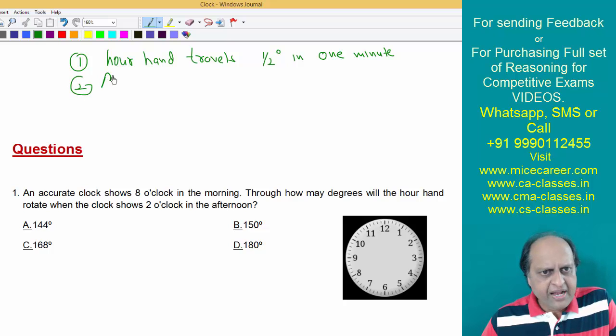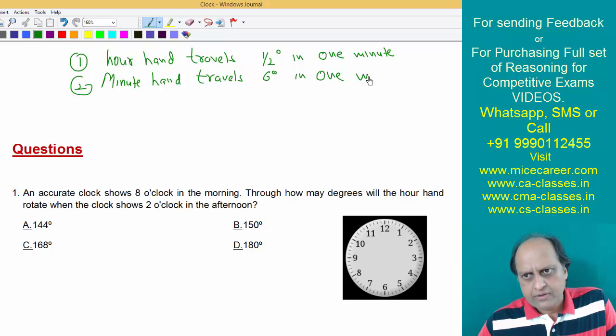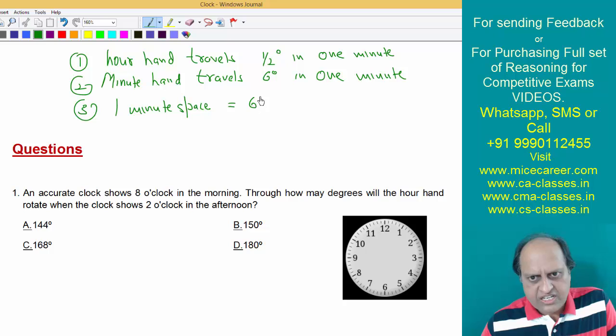Second, minute hand travels 6 degree in 1 minute. Third, 1 minute space is equal to 6 degree.